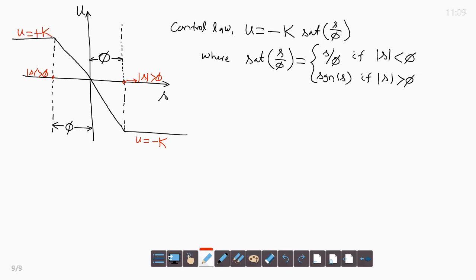The changeover from plus k to minus k and vice versa takes place smoothly along this line, which is called the saturation function s by phi. So it is given by u equals minus k into s by phi.